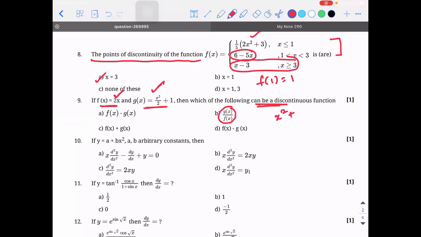But if you write it as x square plus 2 by 2 divided by 2x, then this rational function has a possibility of becoming discontinuous at x is equal to 0, because the denominator cannot be 0. So the answer is B.